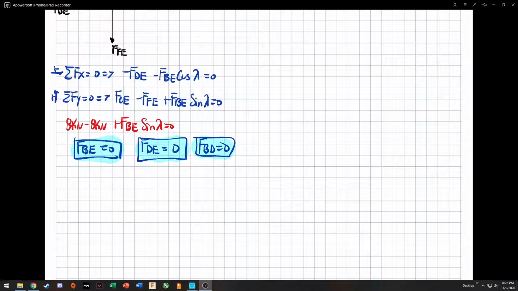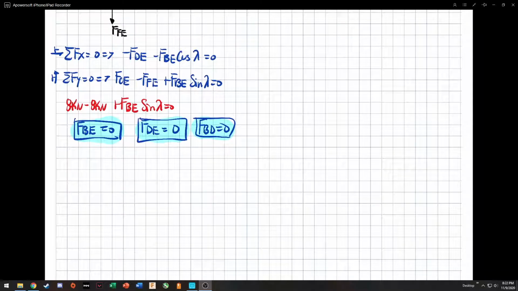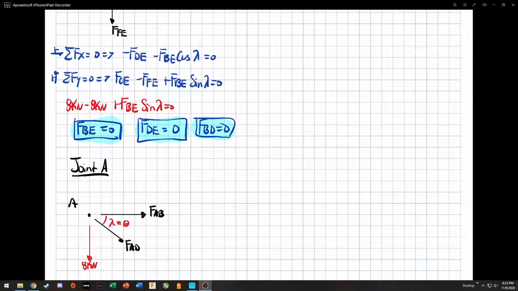Okay, that leaves us down to one more joint, joint A. Looking at joint A, we have a negative 8 kilonewtons going down. We have our force AD down to the right, and our force AB directly right. Now, this angle is also going to be lambda, which is also theta.